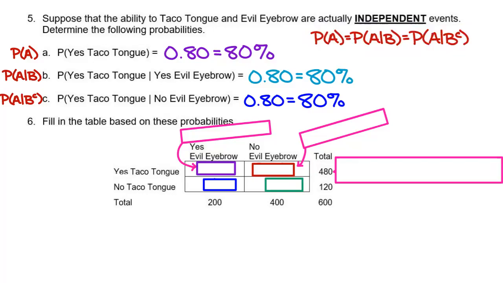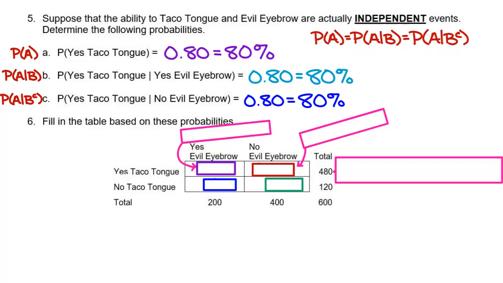If the probability of A is exactly the same as the probability of A given B, is exactly the same as the probability of A given B complement, then the events are independent. You do not have to find all three probabilities. Just comparing two of them would be fine. If these two are the same, these two will automatically be the same. If these two are the same, that one will be the same.